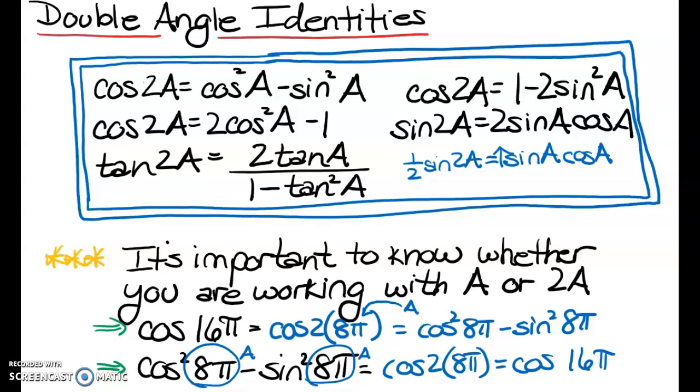Okay, so yeah, you can change all of your identities as long as you're doing the same thing to both sides or you're doing an equivalent algebraic operation. Okay, so let's move on to our examples here.